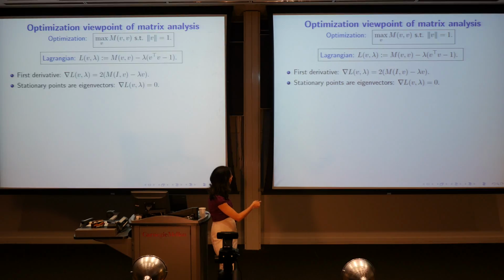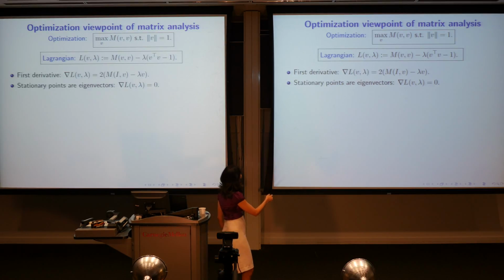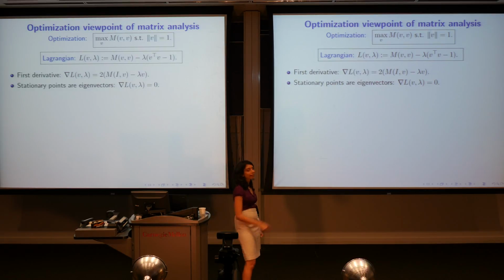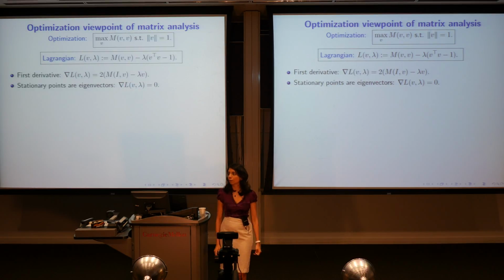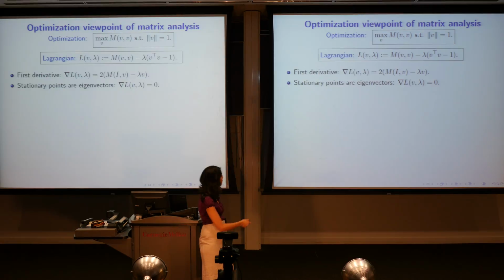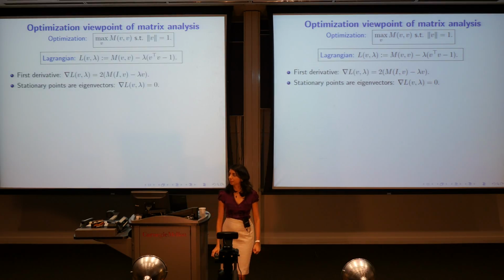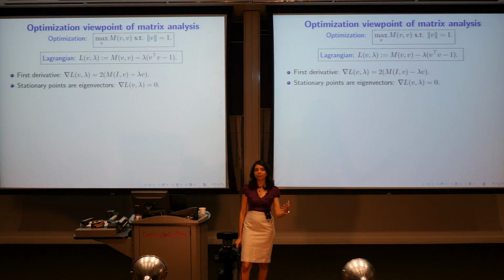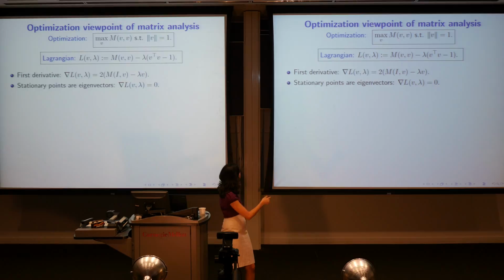And these are exactly the eigenvectors. So the stationary points of this optimization are exactly the eigenvectors of my matrix. This is by definition where this vanishes. So all eigenvectors are stationary points of this optimization.